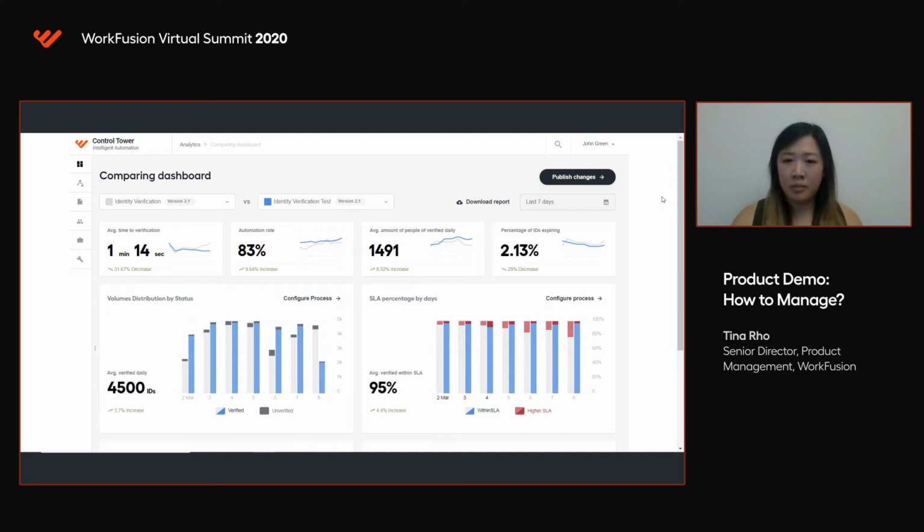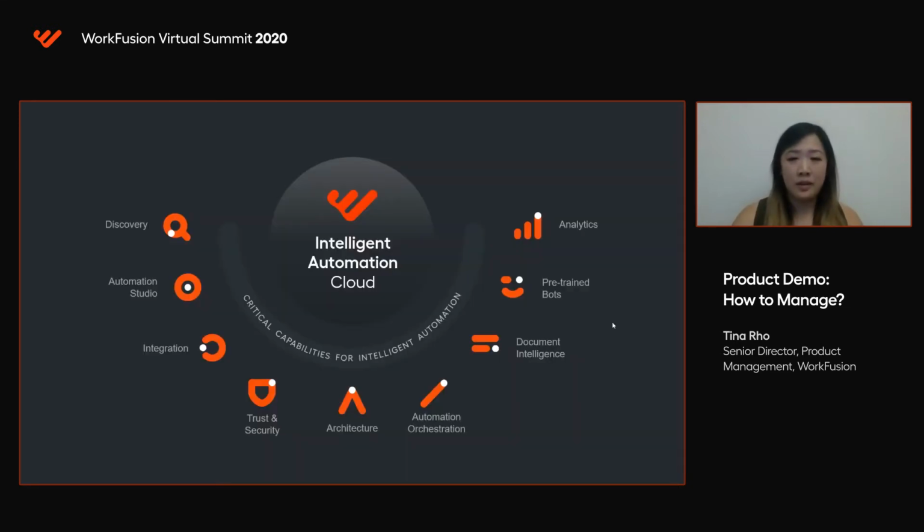Workfusion's Intelligent Automation Cloud enables customers to use these multiple capabilities together to solve hyperautomation problems. A key benefit of using Workfusion's pre-trained bots is that customers benefit from our industry-specific knowledge and experience working with a network of companies on automating these solutions. As we deploy prepackaged solutions on more and more customers, we're gaining additional experience and knowledge.